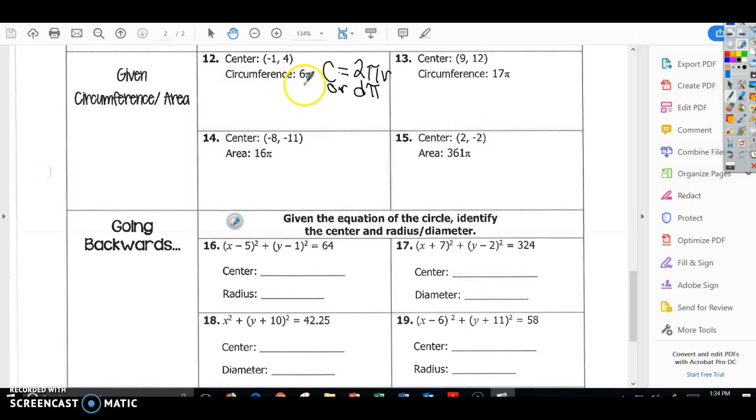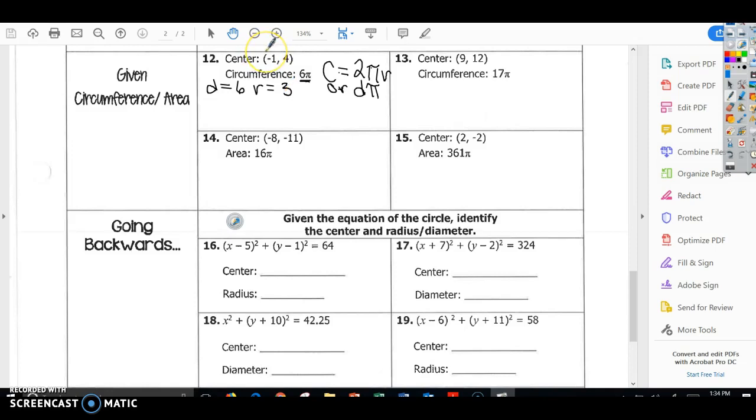If we're given circumference, we know that that equals diameter times pi. So to find the radius, it's half the diameter. So if the diameter here is 6, the radius is 3. And we have to know that in order to write the equation of a circle.